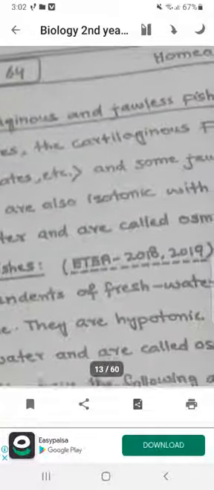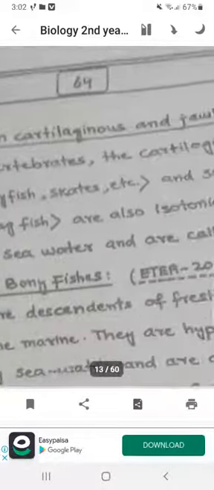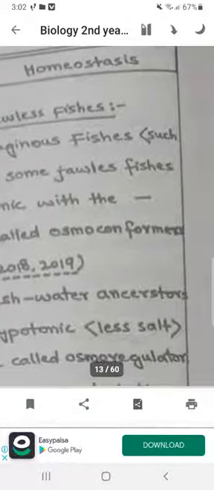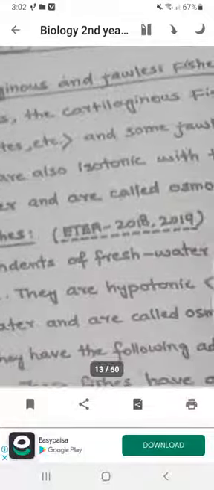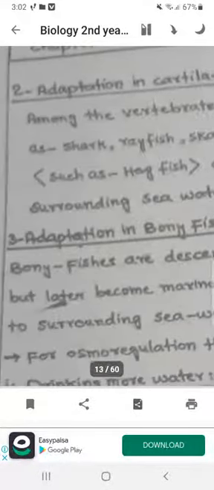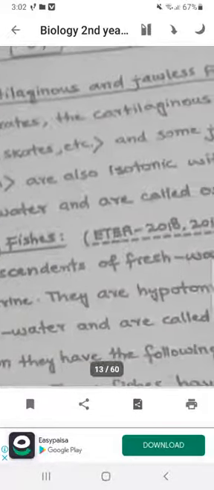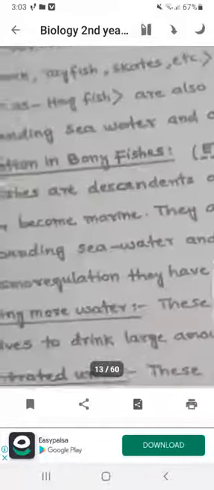Adaptations in cartilaginous and jawless fishes. Number 2. Among the vertebrates, the cartilaginous species such as sharks, rays, skates, etc., and some jawless species such as hagfish are also isotonic with the surrounding seawater and are called osmoconformers.